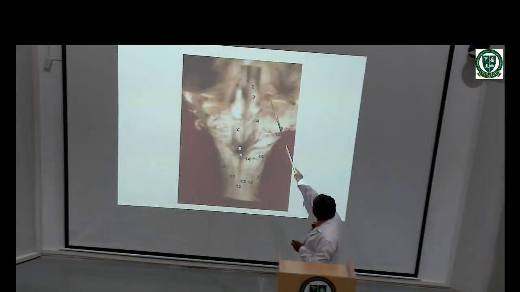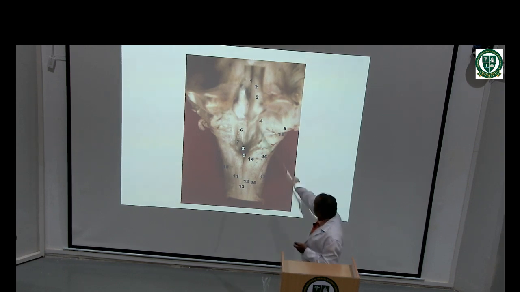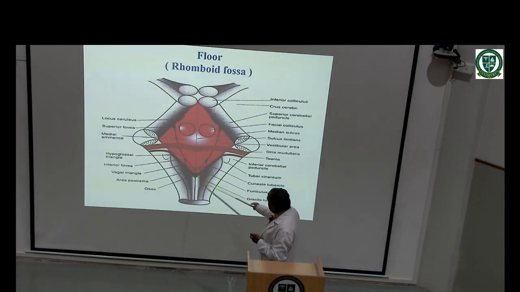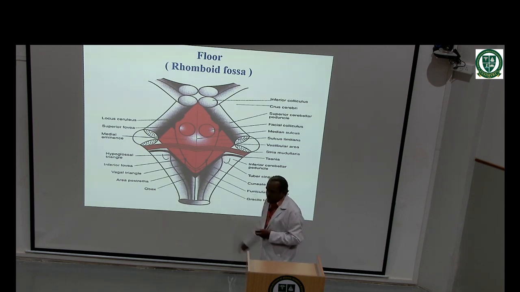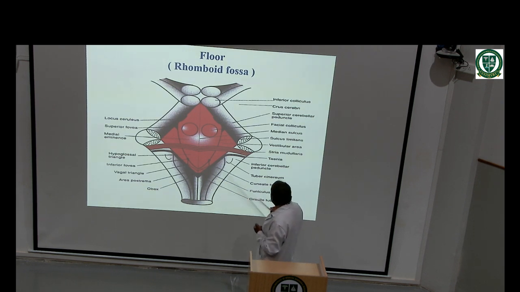This is the actual picture of the dissected part of the floor of the fourth ventricle. Here at the inferior angle, as you already studied, there is a covering called the obex. It covers the inferior angle of the fourth ventricle.